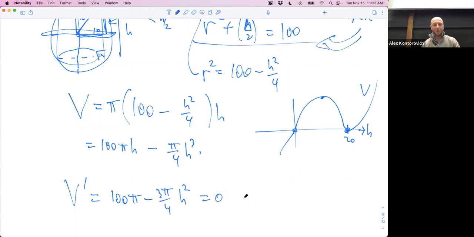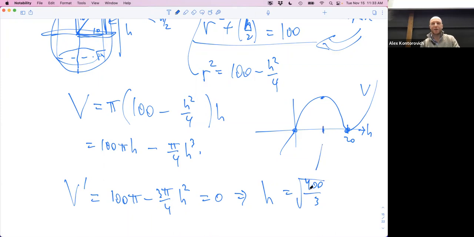Where is this equal to 0? When h squared is 400 over 3. So h is the square root of 400 over 3. Okay, that's what it is.